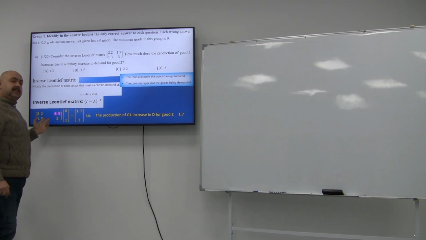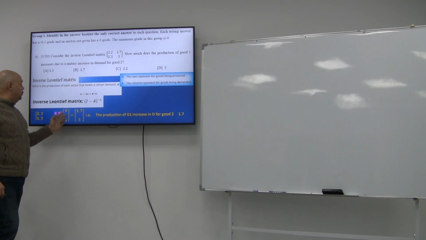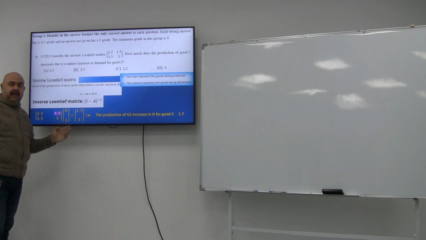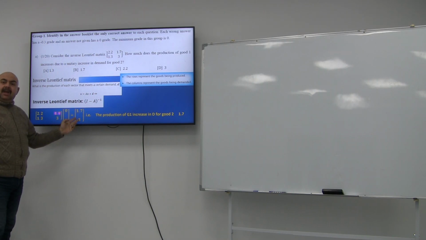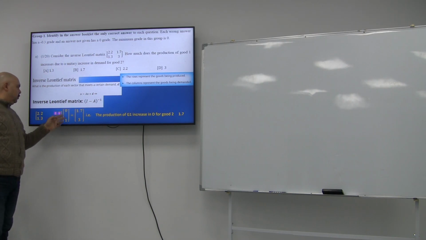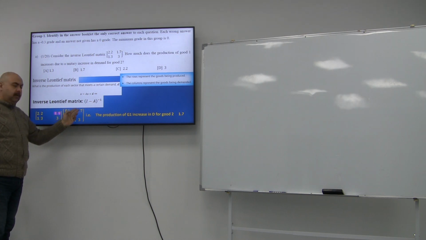If you take the inverse Leontief matrix and multiply it by (0, 1), as we are talking about the demand of the second good, you will end up with 1.7 and 3. Multiply the first row by 2.2 times 0 plus 1.7 times 1, so it's going to be 1.7. Then for the second row, 1.3 times 0 plus 3 times 1, which will give you 3.